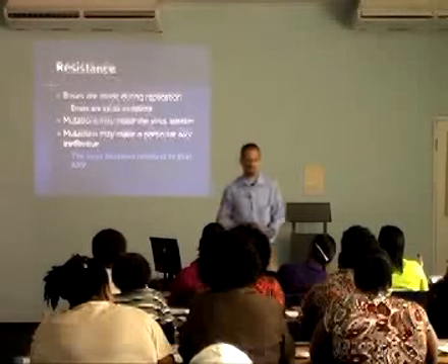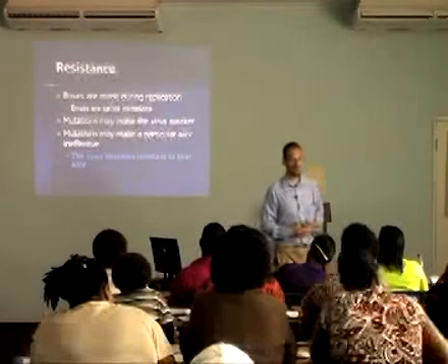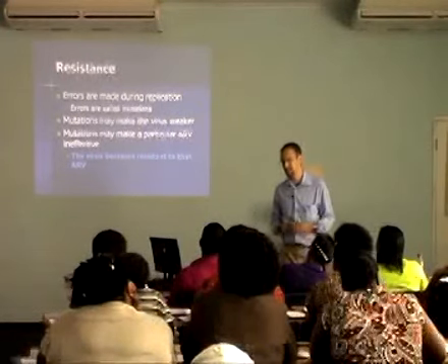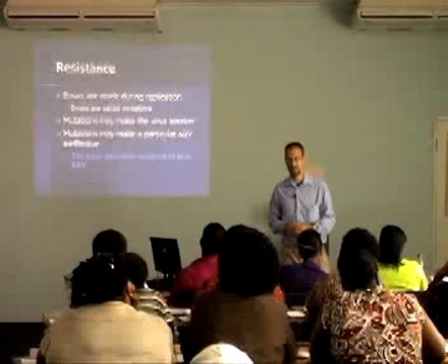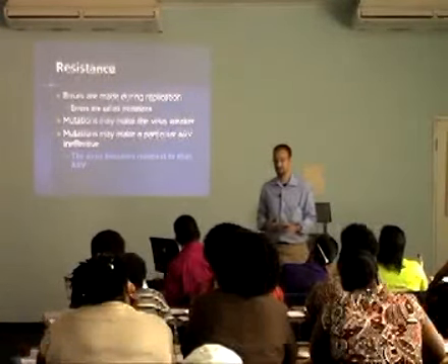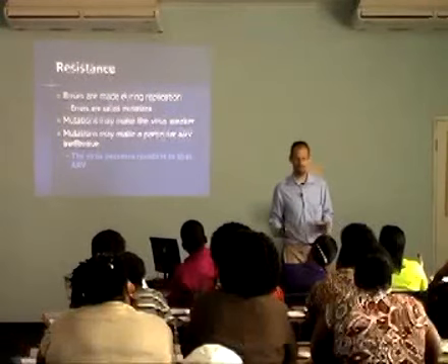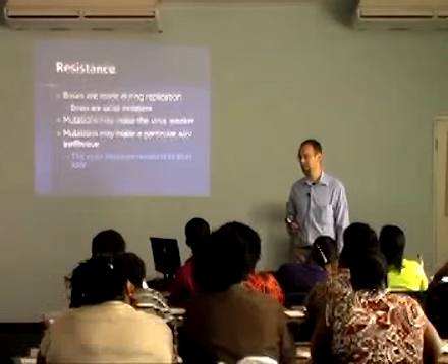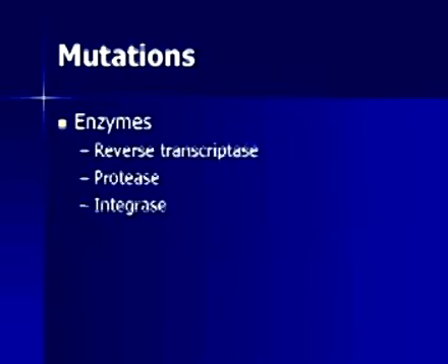And when there's a mutation that blocks the ARV from working, that's when resistance occurs. So that's what we mean by resistance. It's simply the virus has made a mistake when it was making more of itself. The mistake we call a mutation, and that mutation happened to be in a place where the ARV was working. So now it doesn't work anymore.